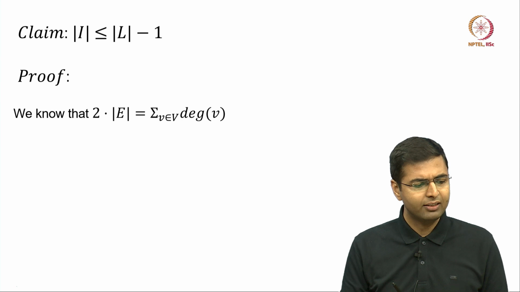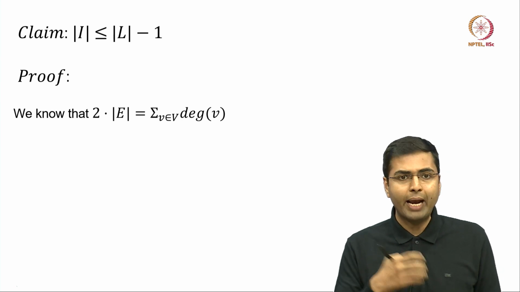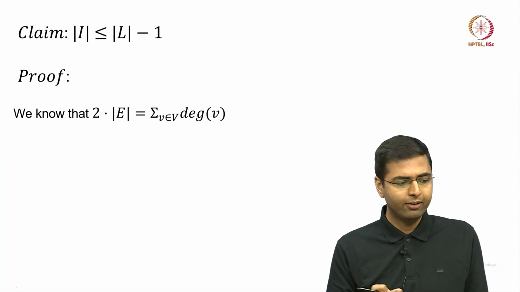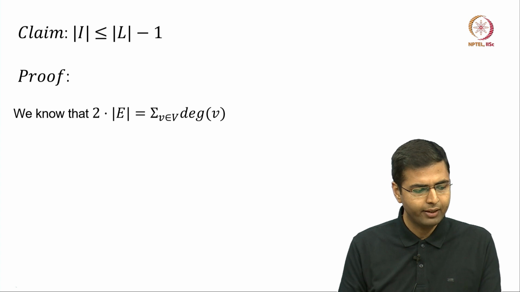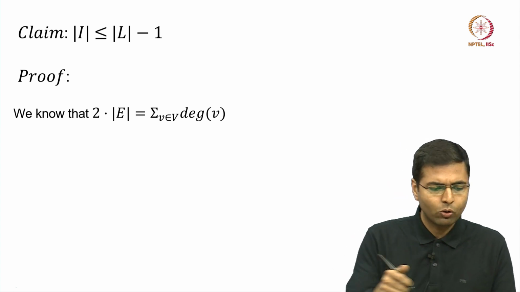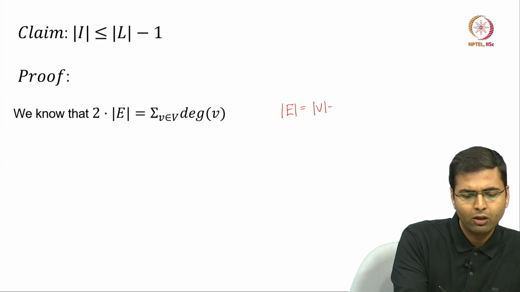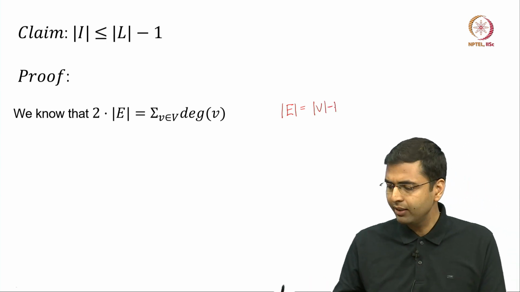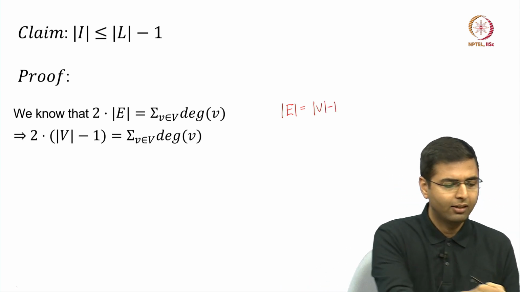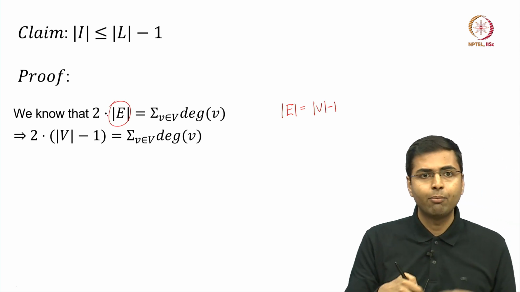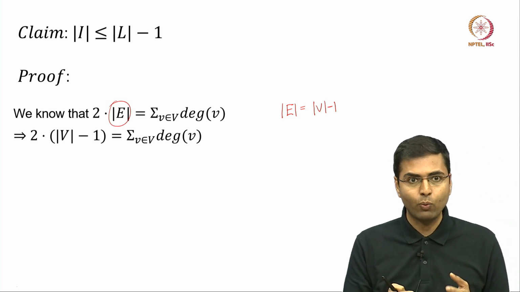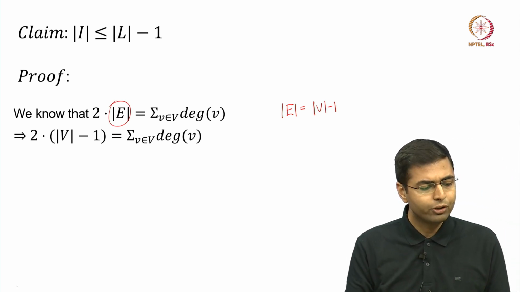Basically we can start with this basic property that 2 times the number of edges is the sum of degrees of all vertices. And we also know that the number of edges is equal to the number of vertices minus 1. So, we can replace the number of edges with the number of vertices minus 1. So far the equation is simple.